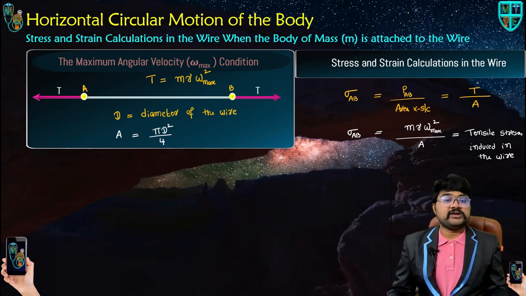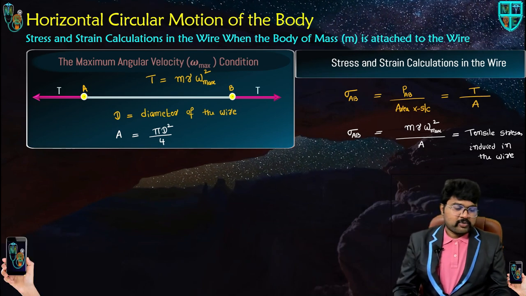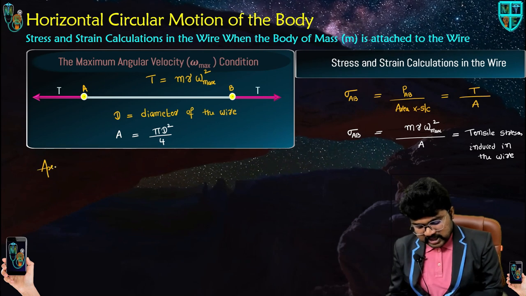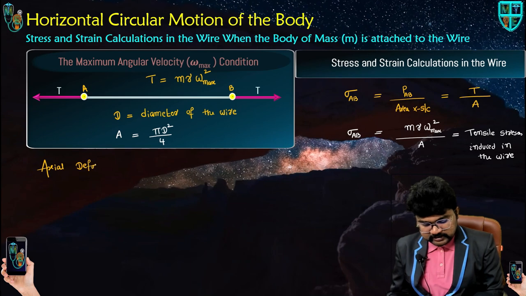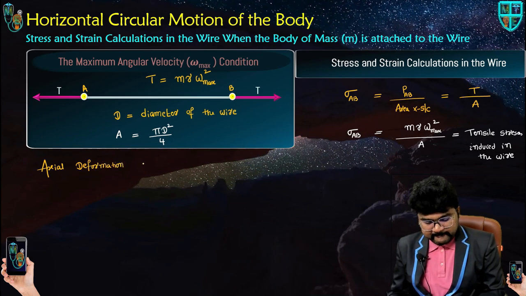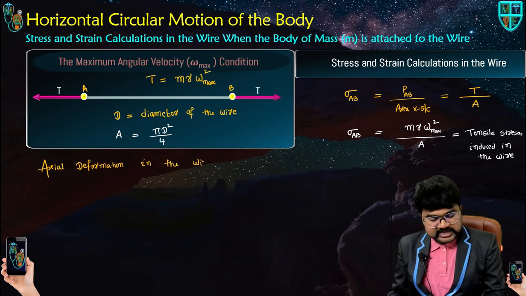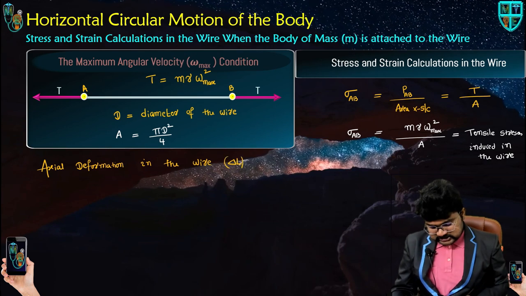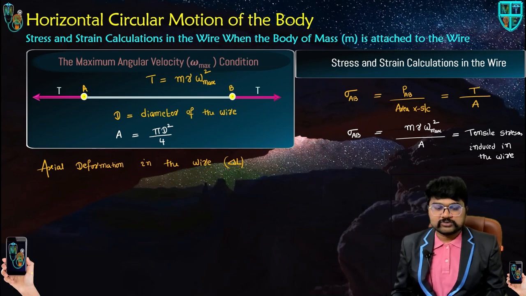What is the strain induced in the wire? Before going to that, what is the axial deformation in the wire? I want to write axial deformation in the wire, delta L. For that, we need to apply Hooke's law.